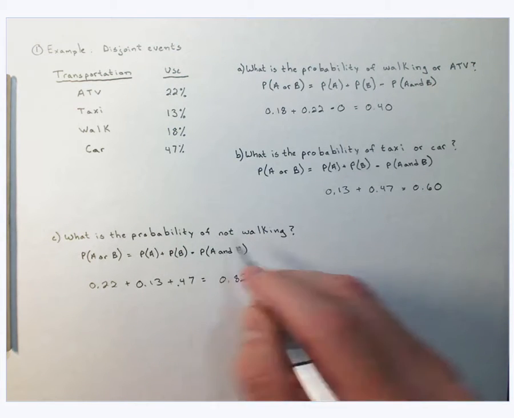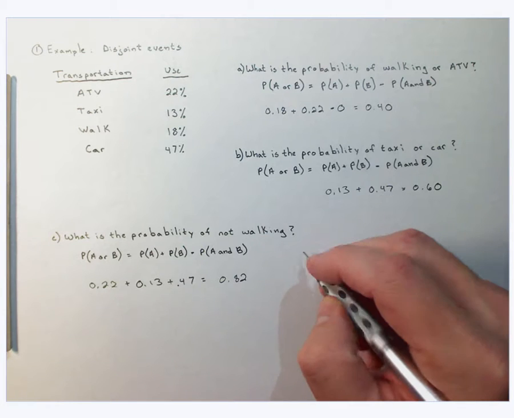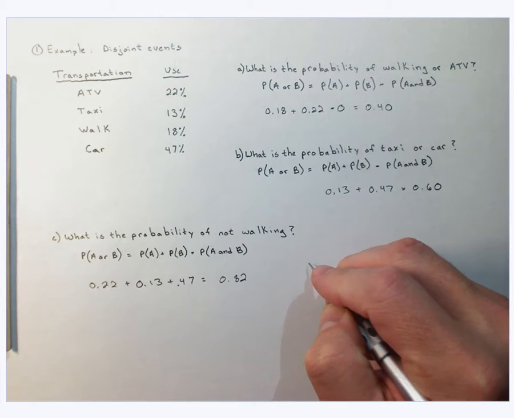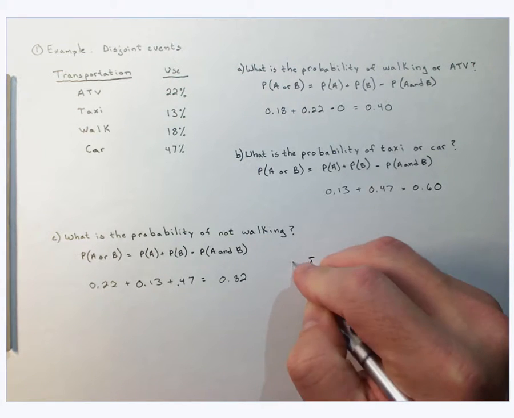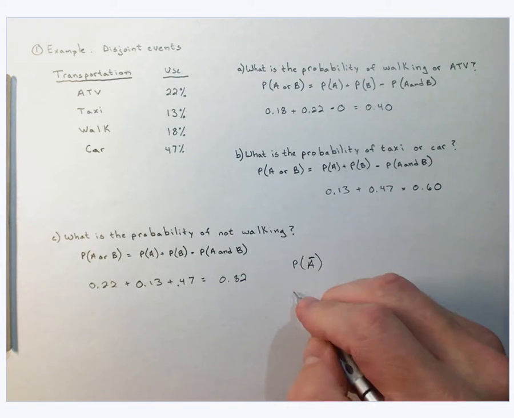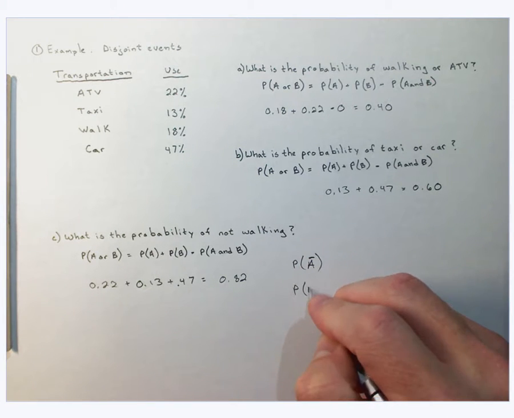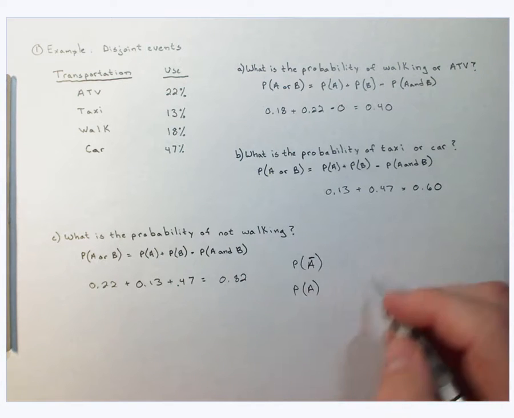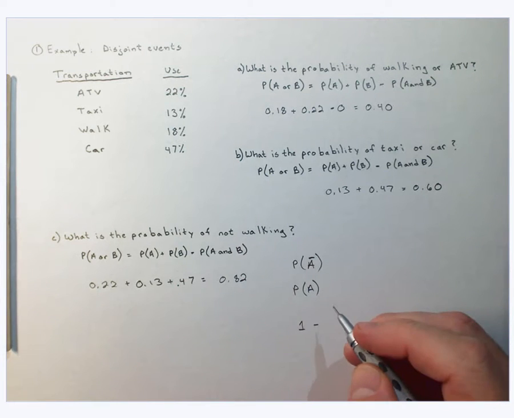Or what I could do is use this. Since this is the not term, I could say that's not walking, so everything else is walking. Well, I can simply say 1 minus, what's it for walking?